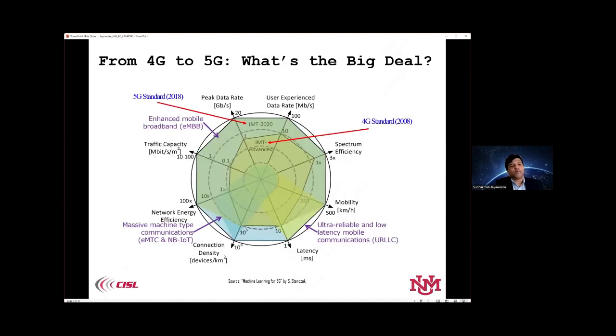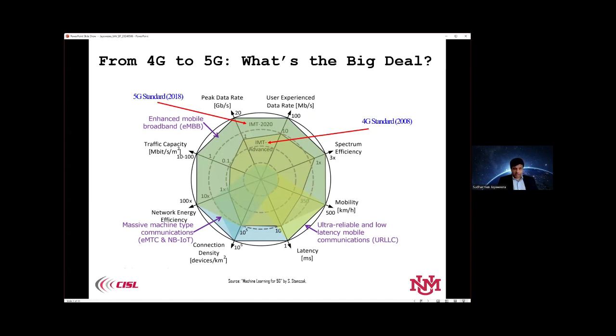Let's start with a little bit about the Gs. Going from 4G to current 5G wireless networks, there were performance expectations. In particular, 5G identified three usage cases: enhanced mobile broadband, massive machine-type communications, and ultra-reliable and low-latency mobile communications.